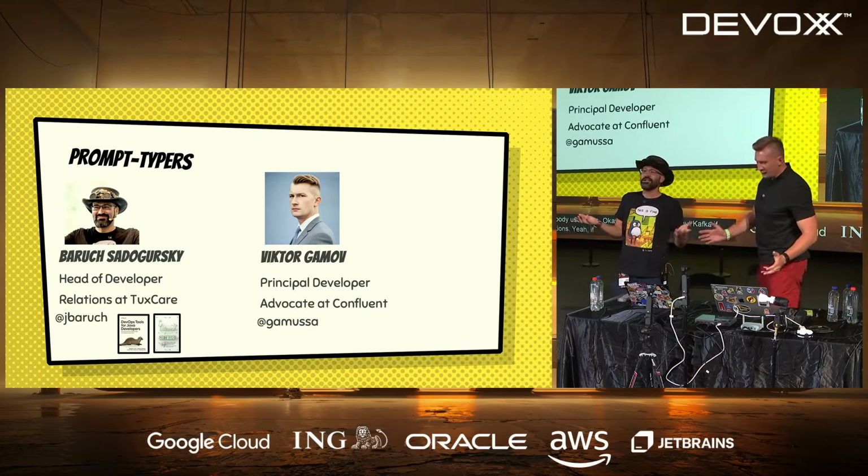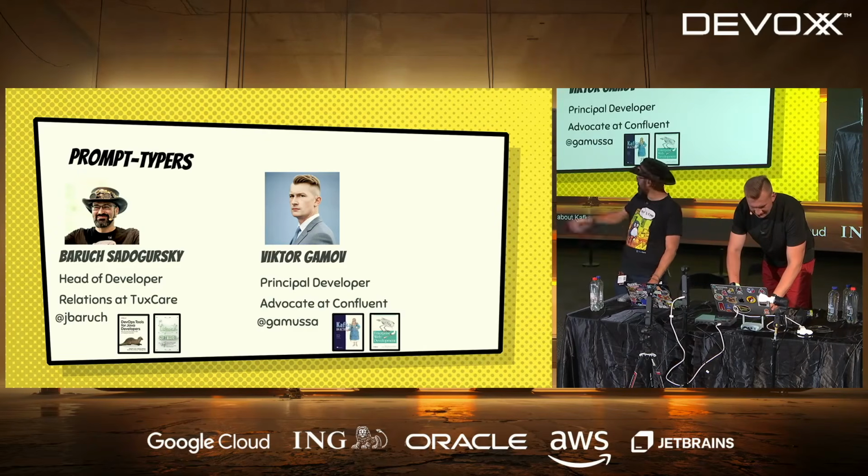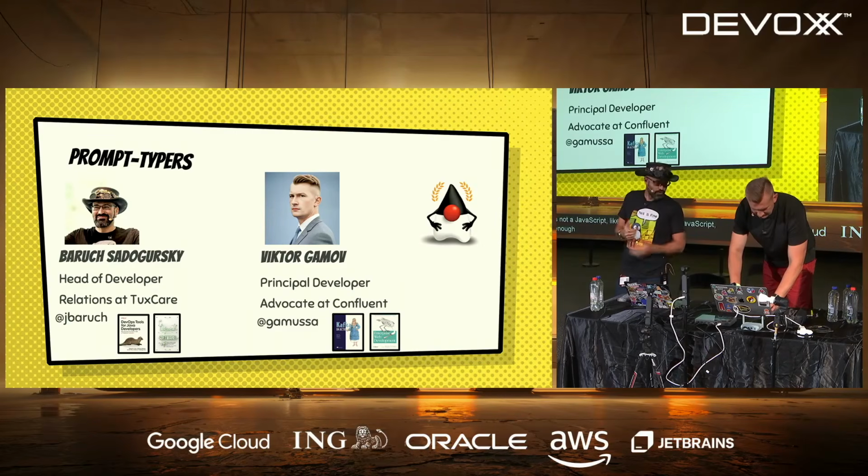He's also a renowned author of books about Kafka and enterprise web development. That's Java applets stuff, right? No, it's JavaScript, the beginning of JavaScript. Close enough. We're going to show you a lot of Java because that's what we do.